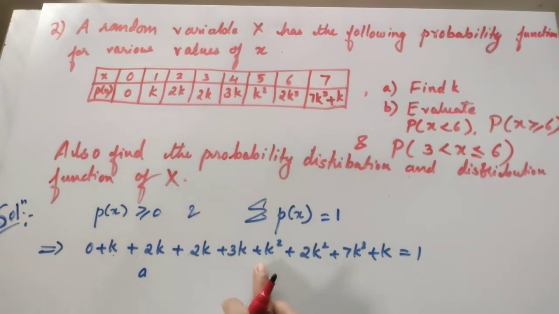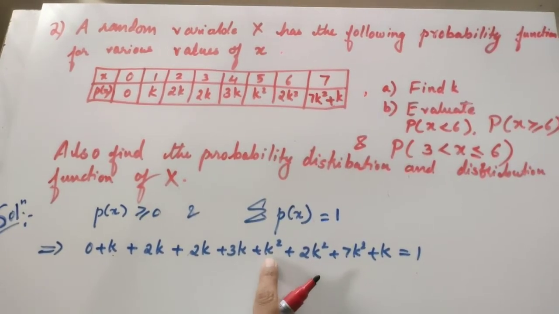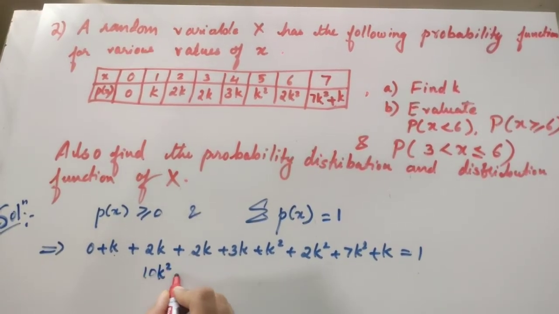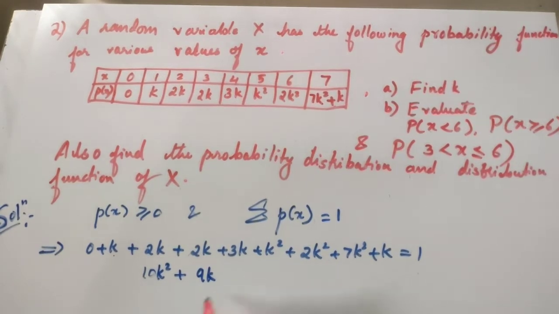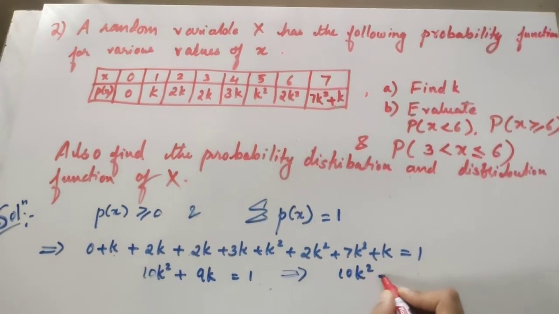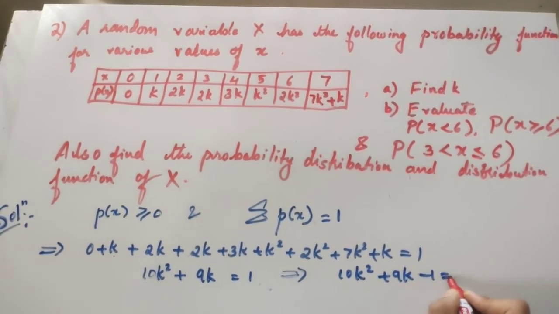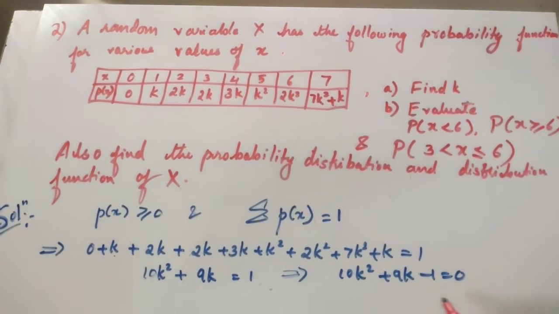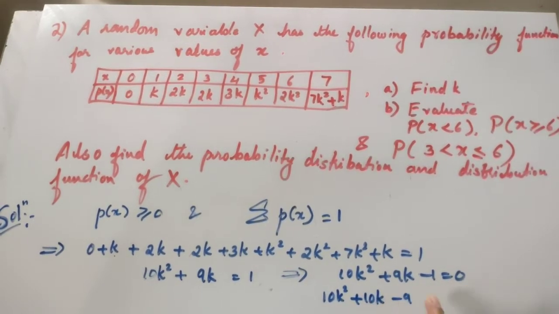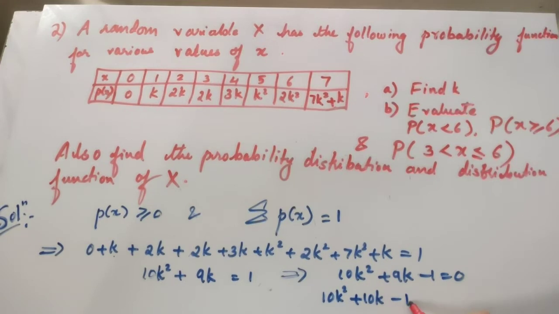And the k squares: 1, 3 and 10, so 10k square plus 9k is equal to 1. This can be written as 10k square plus 9k minus 1 equal to 0, or further 10k square plus 10k minus 9k minus 1 equal to 0.